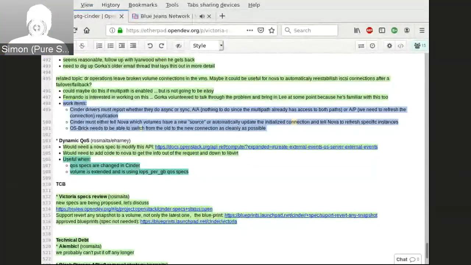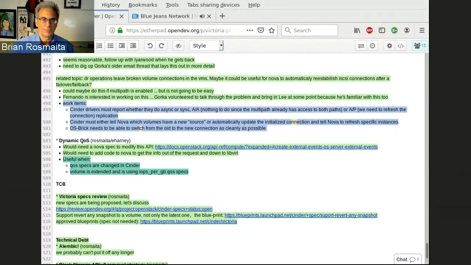I assume you're talking just here about front end. Right, I'm sorry. Yeah, front end QoS, right. So I should probably say that. So anyway, if you would like to get involved doing some Nova code, this would be an interesting entry point.